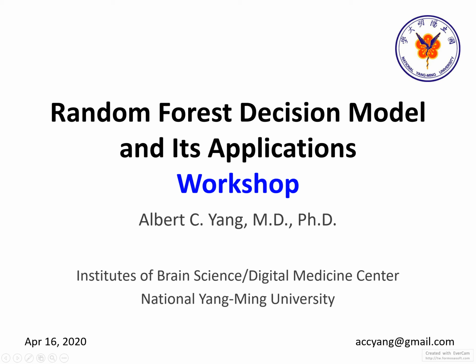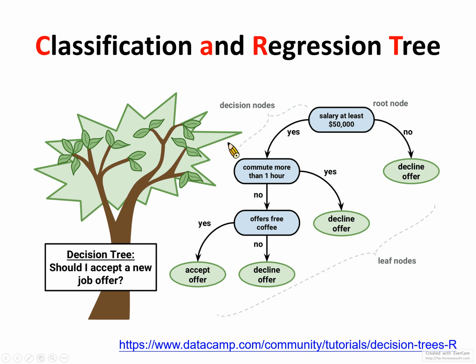So let's continue on the workshop of today's course, which is the random forest decision model and its applications. Before we move on to the workshop, let's take a brief review of the decision tree. Again, this is the general representation of the classification and regression tree.